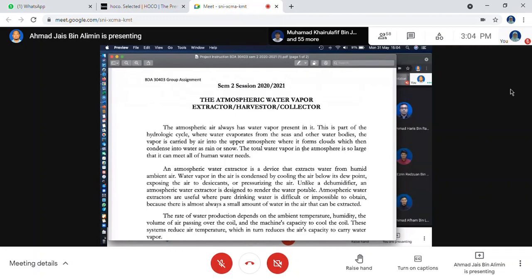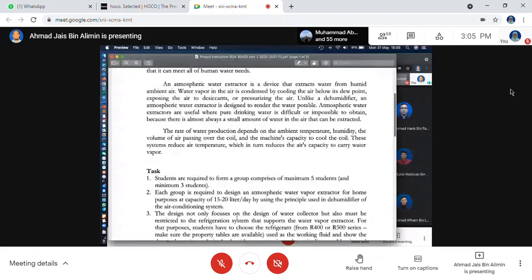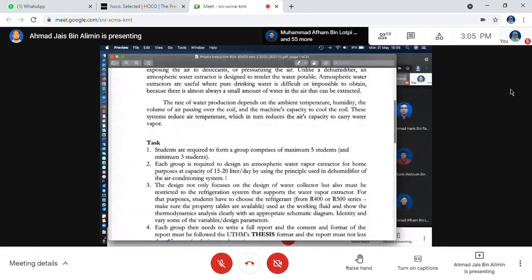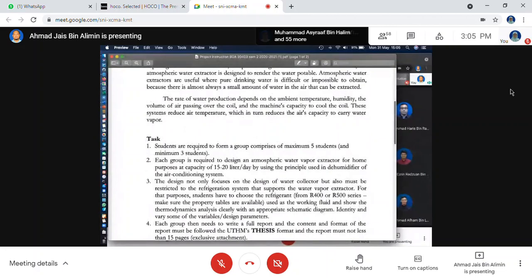No, you need to provide a design from the thermofluids perspective. You need to use your understanding of thermodynamics to design this solution with the required working parameters. This is the task.